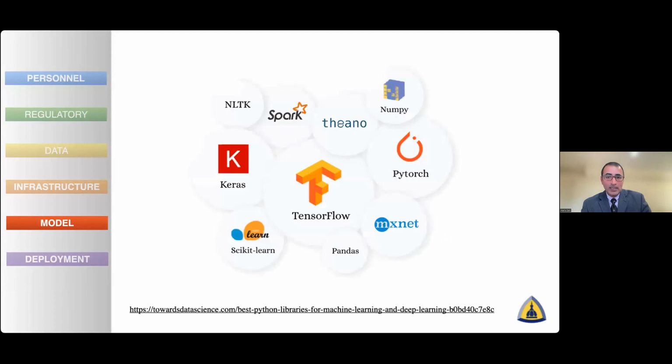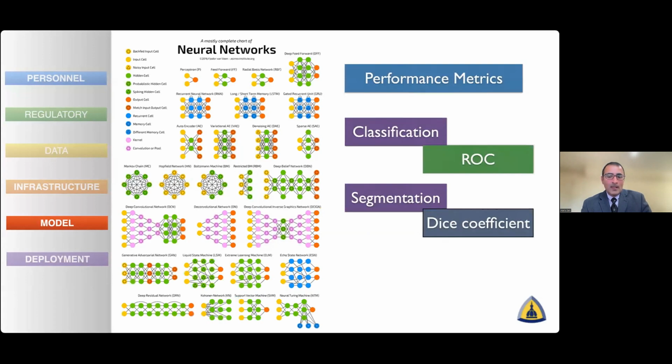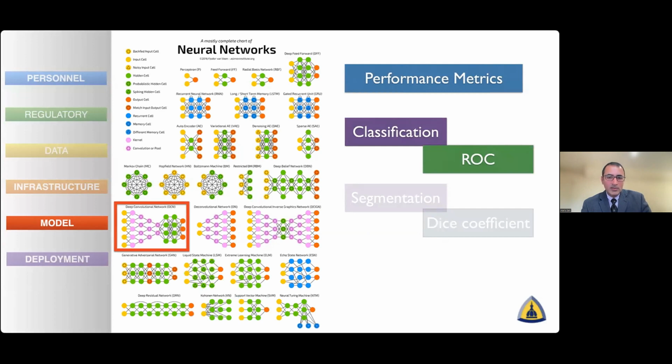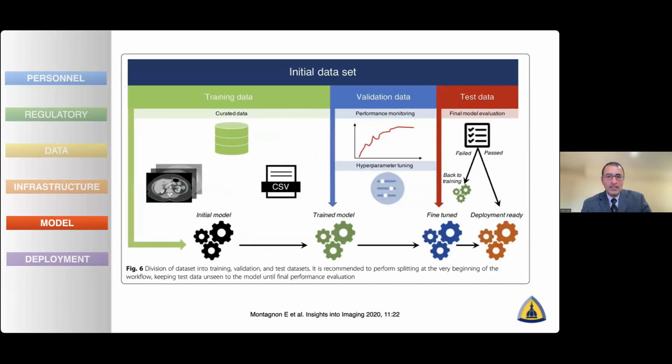And we're not going to go into the different software or networks available, but you want to make sure that as you're designing a project, you know what output you want, right? If you're looking at classification, then you want your ROC curve to be your metric. If you're looking at segmentation, then you want your Dice score, for example, to be your metric. So make sure your output, the end result, is appropriate to what you're looking for. I think you all know this, so I'll skip this quickly, but you want to make sure that you have enough data for training, validation, and testing.